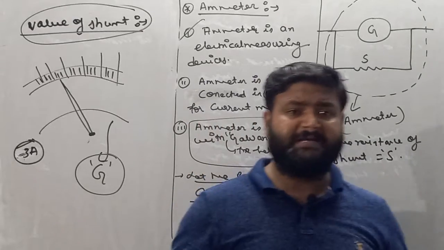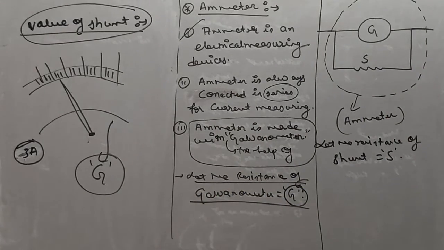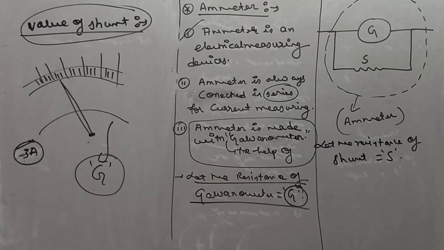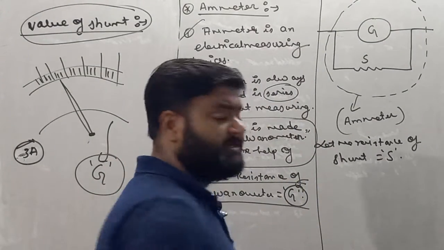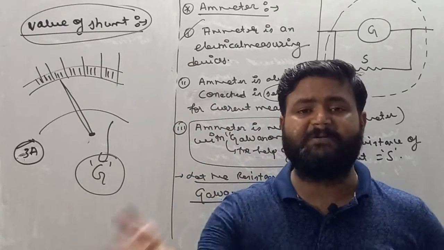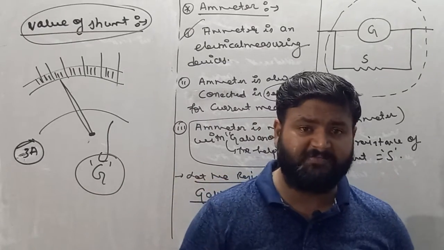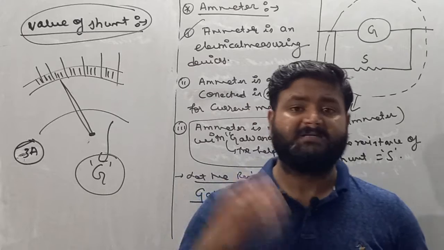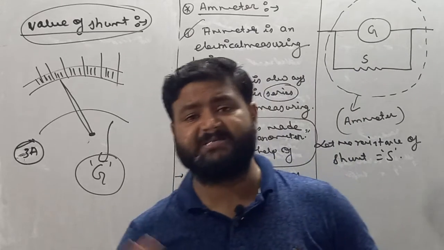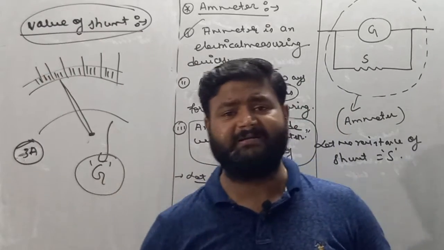Actually, devices like the ammeter, galvanometer, voltmeter and potentiometer are user friendly. They cannot have any constant value, because some galvanometers show maximum deflection at 3 ampere, some at 4 ampere, some at 5 ampere, and some at 10 ampere. 10 ampere is a very big amount of current.